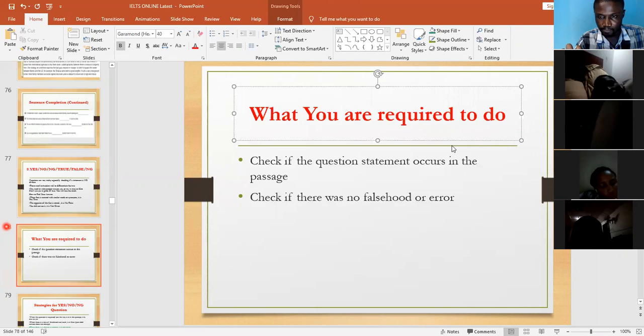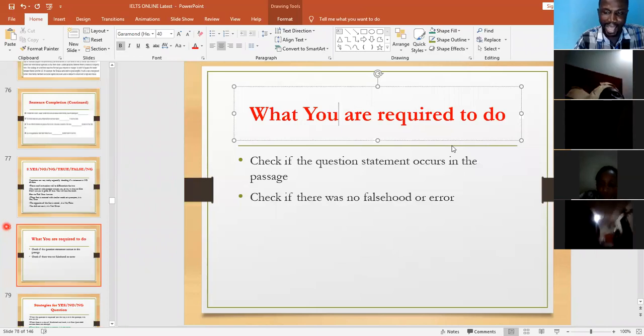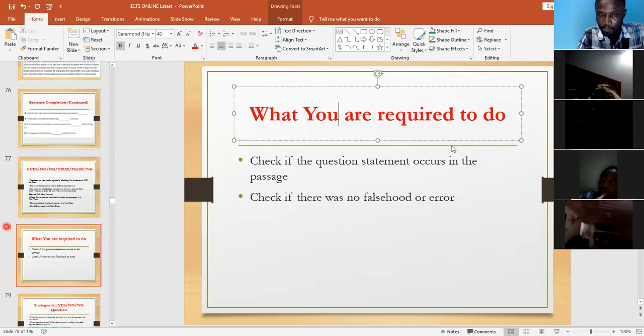So when you come to the question, it is going to be making a statement, and you are asked if it occurs like that in the passage. So the first thing you are going to check is, does the statement occur or not? If it occurs, then your answer would be either true or false, because there can be a falsehood introduced inside. If it does not occur, it means your answer is a straight not given.